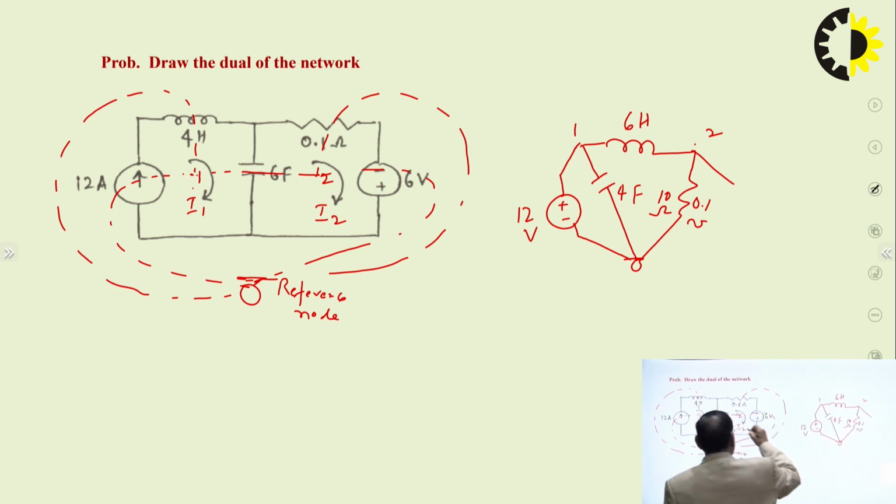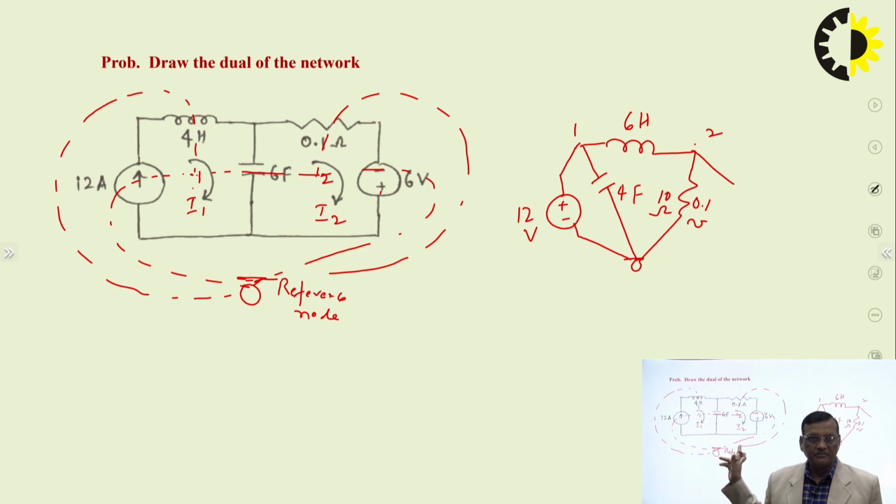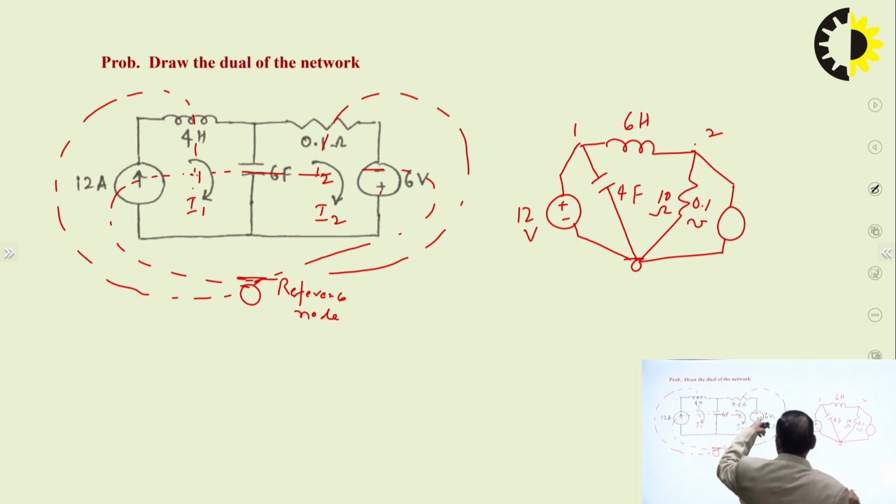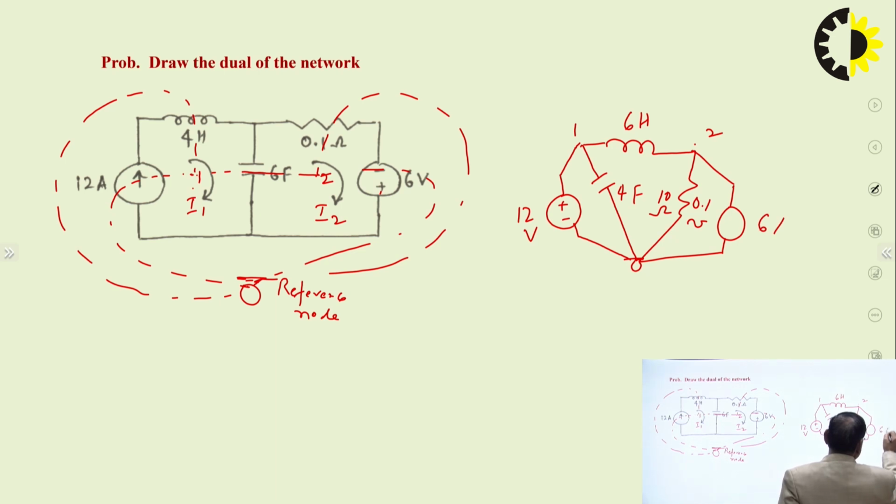Now look at this mesh current I2: it is entering the negative terminal and leaving the positive terminal. So the polarity of the voltage source and direction of the mesh current are the same. In this case, the voltage source in the original network becomes a current source of 6 ampere.